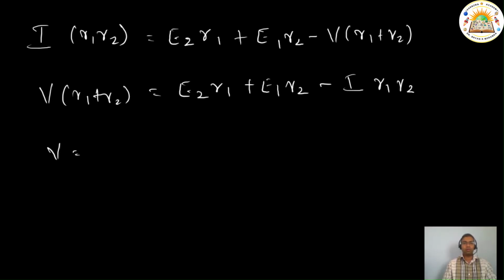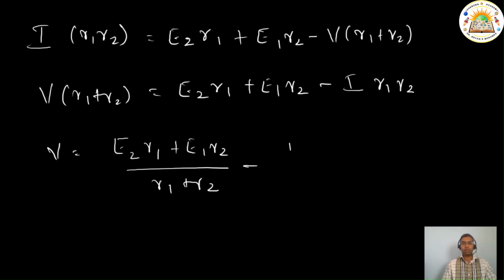V is equal to (E2 R1 plus E1 R2) by (R1 plus R2) minus I R1 R2 by (R1 plus R2), that is there. So we have again come back to our expression V is equal to E minus I R. So this we can write like this.